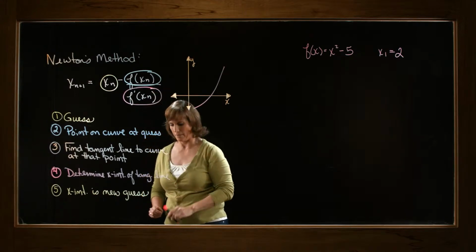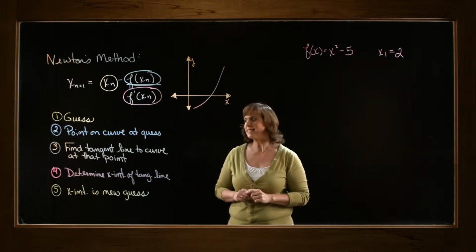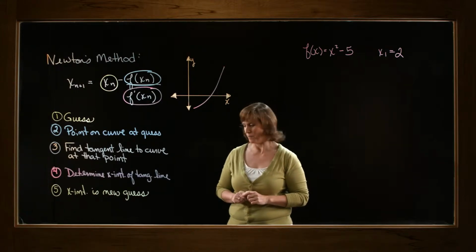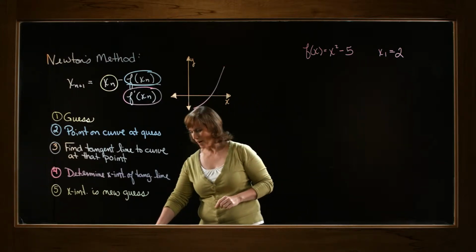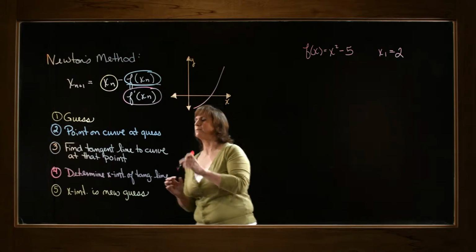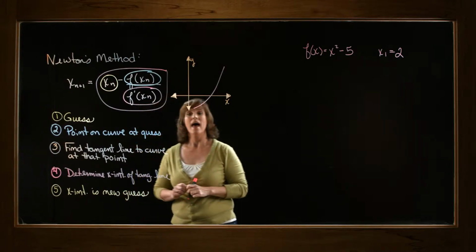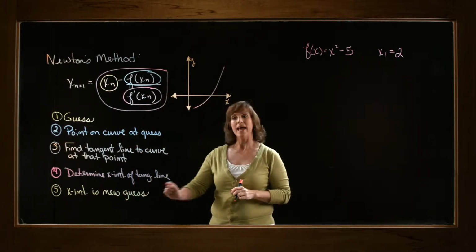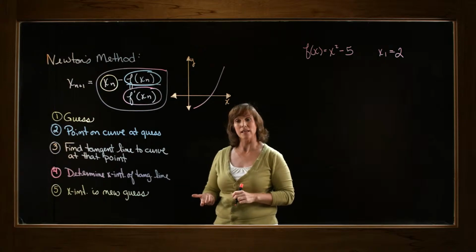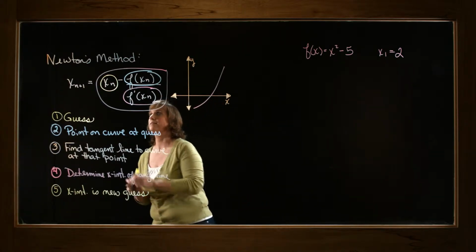That's where this piece comes in. After that, we need to find the x-intercept of that tangent line. That's where this entire piece comes in. Finally, the answer gives us the x-intercept, and it will be our new guess.